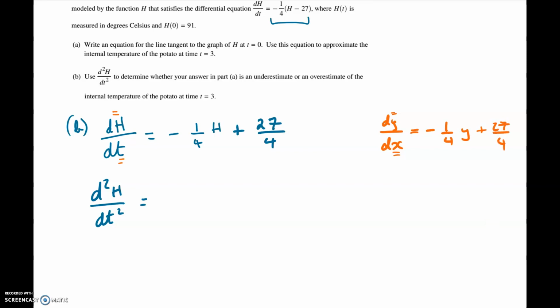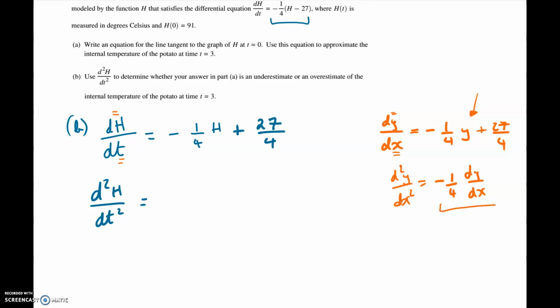And when you see it like that, you realize that this is a y that I'm differentiating here, and that means it's implicit differentiation. So if you were to differentiate, d2y/dx squared, negative 1/4 times y, it'd be negative 1/4. If it was negative 1/4 x, it would just be negative 1/4. But because it's a y that you're differentiating, you stick on dy/dx. 27 over 4, there's no variable there, it's just a constant, so it goes away.